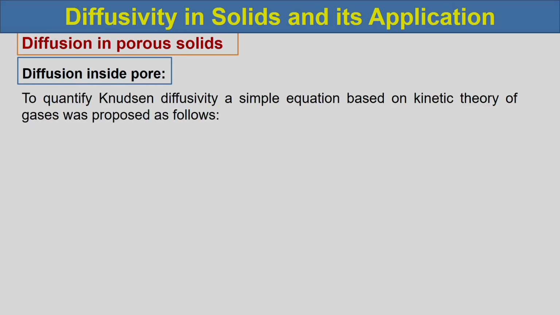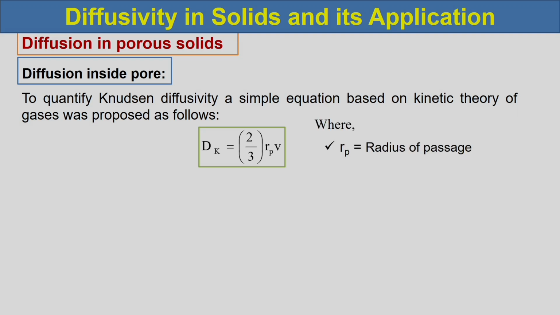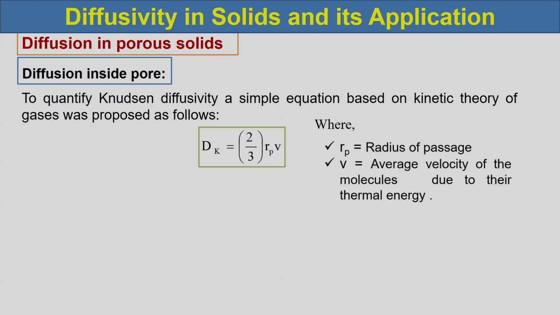Now, to quantify Knudsen diffusivity, a simple equation based on the kinetic theory of gases was proposed as follows. That is, D_K would be equal to 2/3 into R_p into V, where R_p is the radius of the passage and V is the average velocity of the molecules due to their thermal energy.